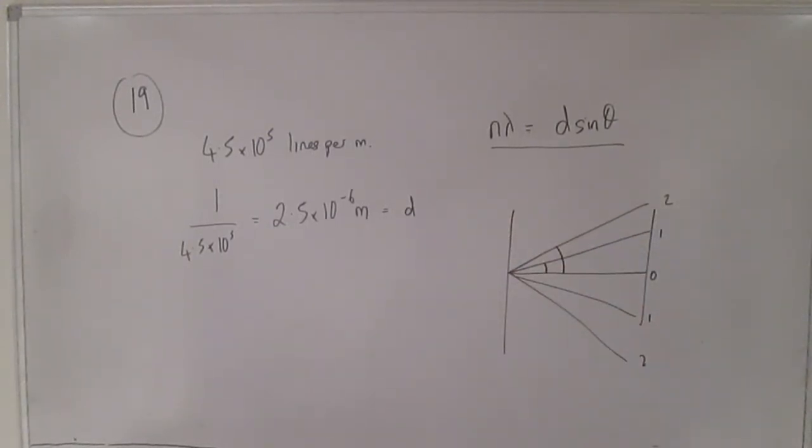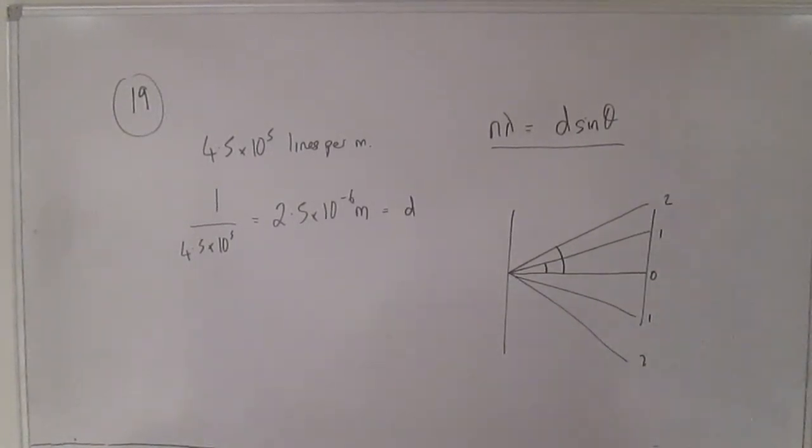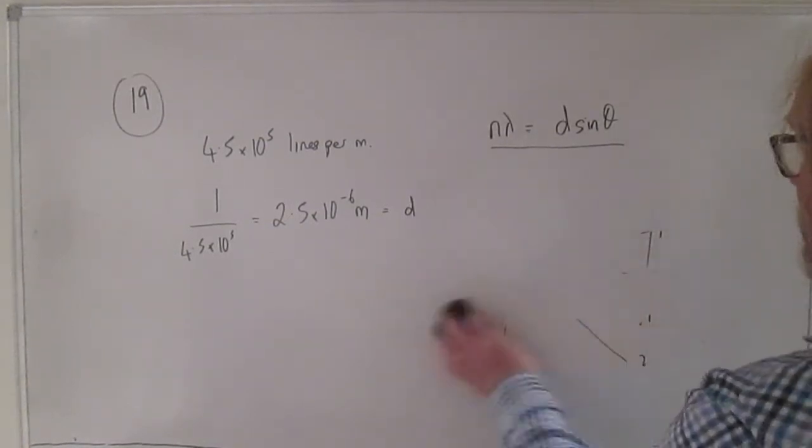So we know that the maximum value of theta we can get is 90 degrees. So what we do is to work out what n would be if theta is 90 degrees.